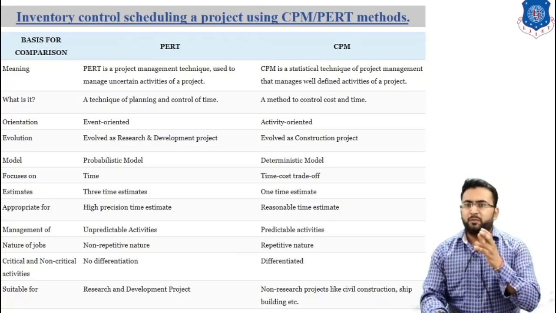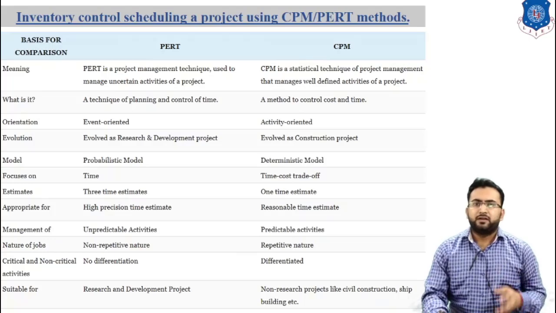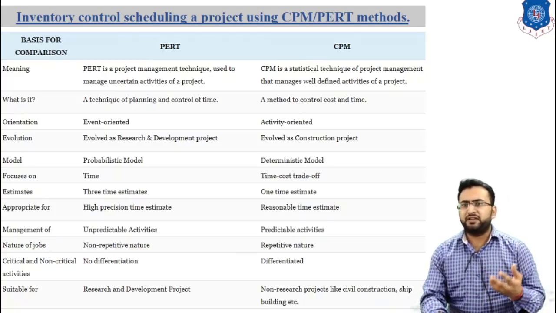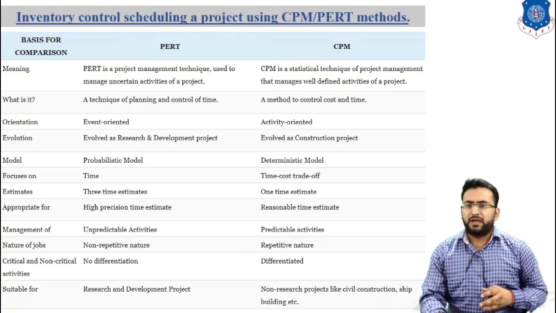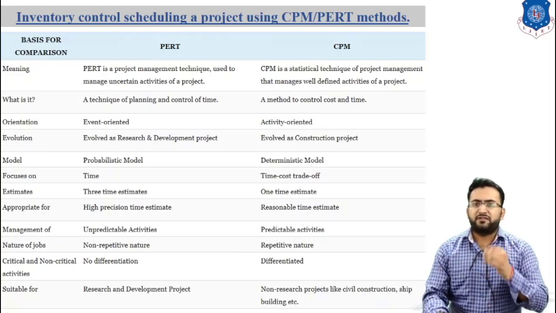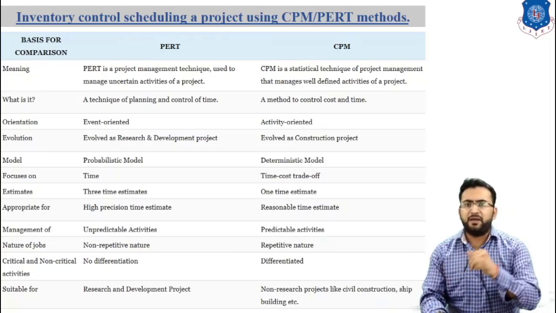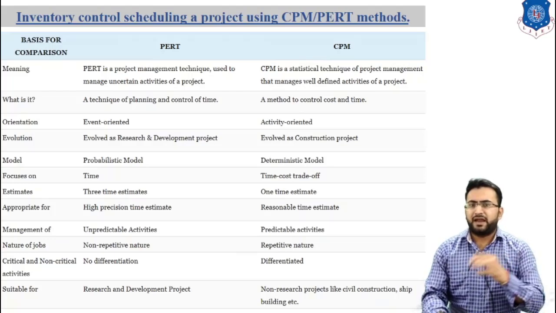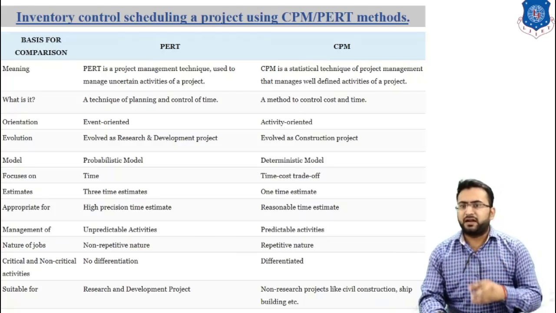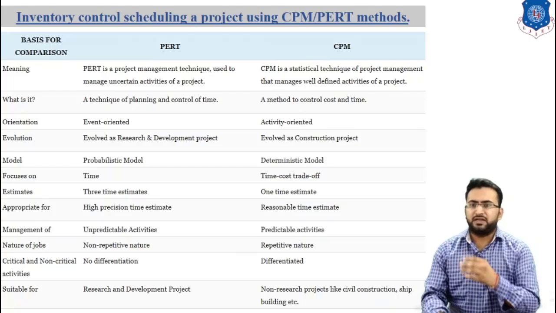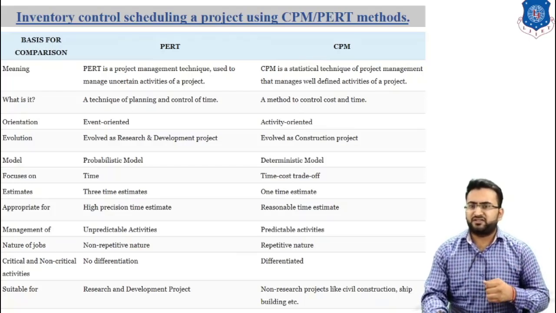PERT is a probabilistic model, whereas CPM is a deterministic model. PERT focuses on time, whereas CPM focuses on time, cost and trade-off. PERT estimates 3 times, whereas CPM uses 1 time estimate.